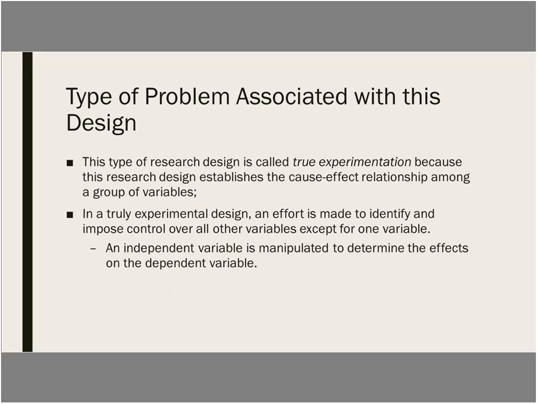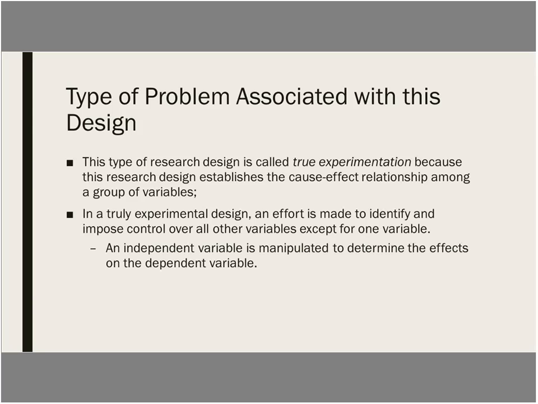So what's the type of problem that's associated with this type of design? Well, this type of research is true experimental because this research establishes the cause and effect relationship among whatever variables you have. So like I said, one of the big objectives is to say, okay, this variable causes that variable. We're trying to establish the causality, what causes what to occur.